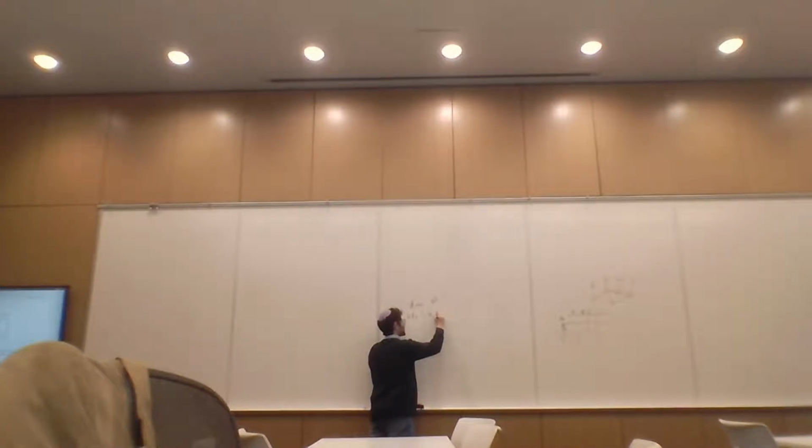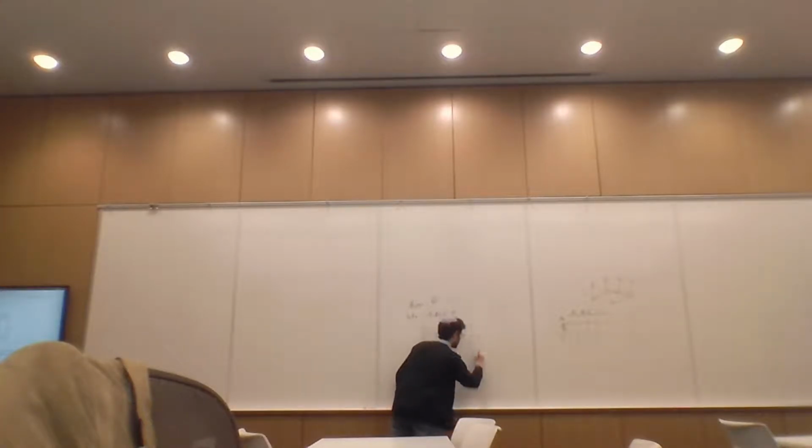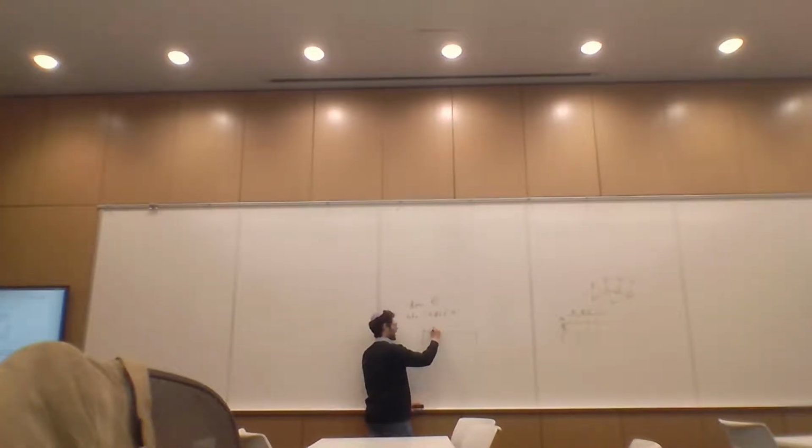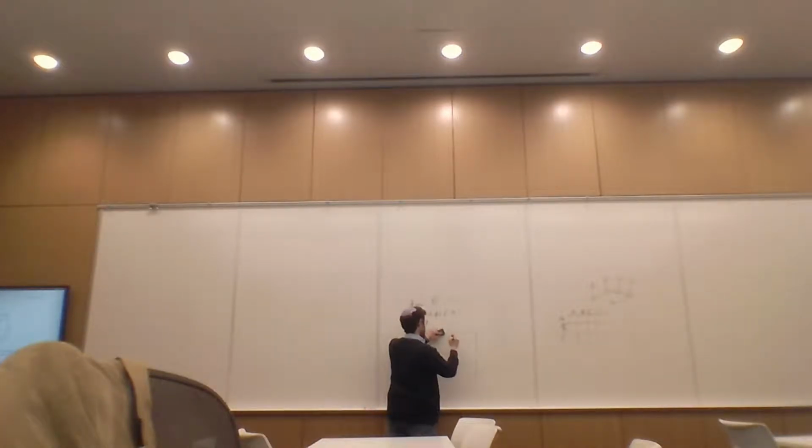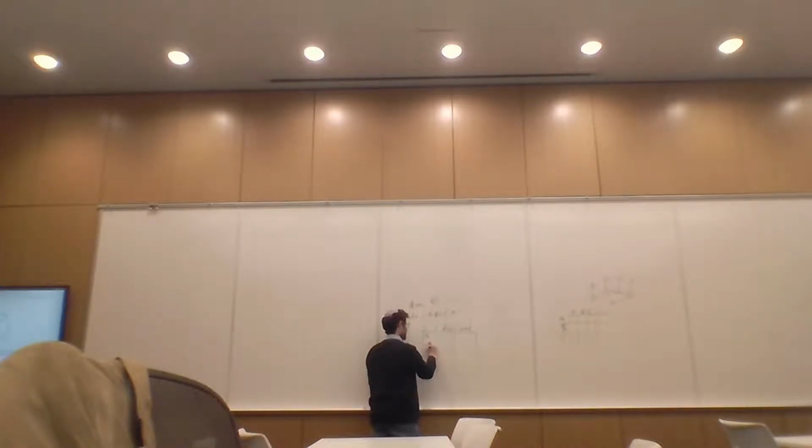So that's A, B, C, E, and F. And then we need our maps. We've got our distance and our predecessor, how we got to this node, the nodes being A, B, C, E, and F.